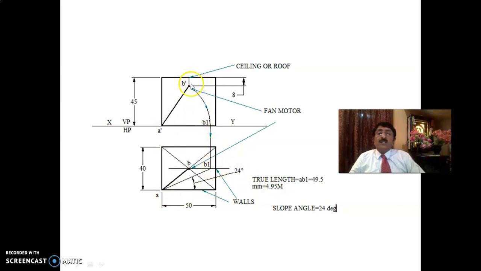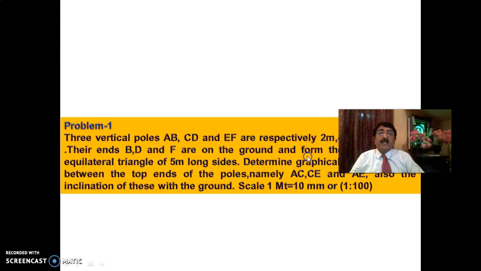I just rotated the front view and got the true length. If you want, you can rotate the top view also, parallel to the XY line, hit against the locus of B and join this. This length will also be the same, 4.95 meters only.